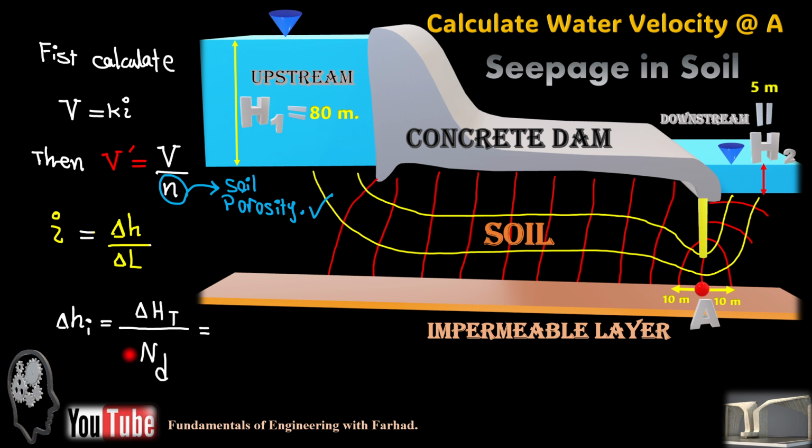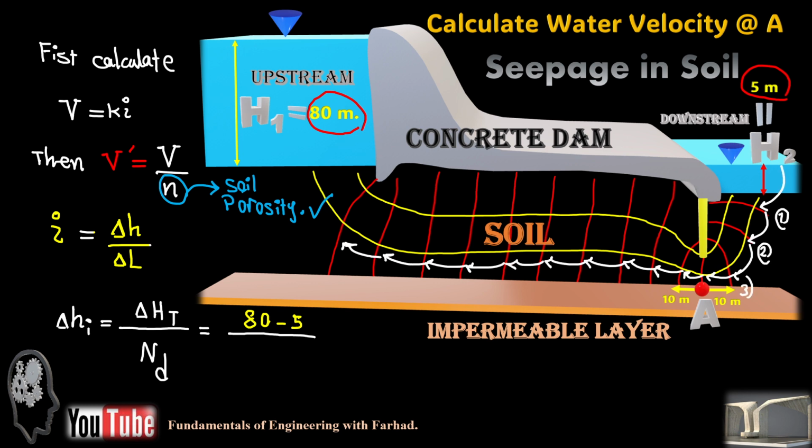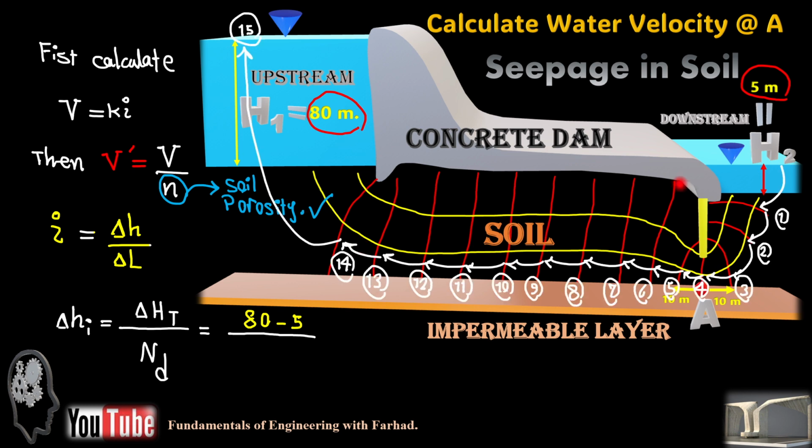So delta H i is delta H total over the number of drops. And if you take a closer look at upstream and downstream, you can easily see delta H total is 80 meters minus 5 meters, which is 75. And for the number of drops, if you start from the very downstream and climb each of these isopotential lines all the way to the upstream, we have 15 of those lines, including the upstream part.